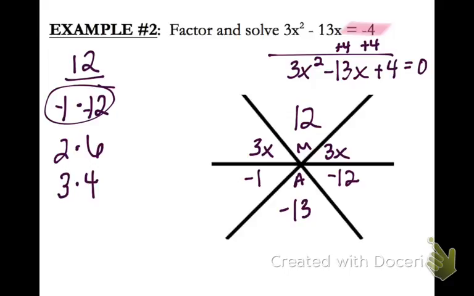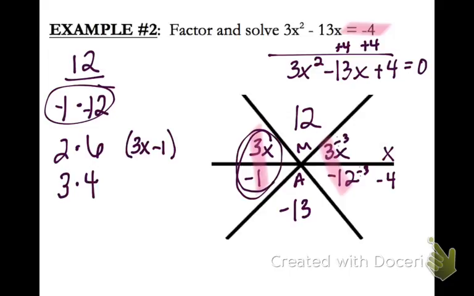Okay, put them on the bottom left and right, and now we need to look to simplify. We can't simplify 3 over negative 1 because nothing divides both 3 and negative 1. We can simplify 3 over negative 12 though. If we divide both the top and bottom by 3, we'll get x over negative 4. Now my final factored form is going to be 3x minus 1, I got that from right here, and x minus 4.